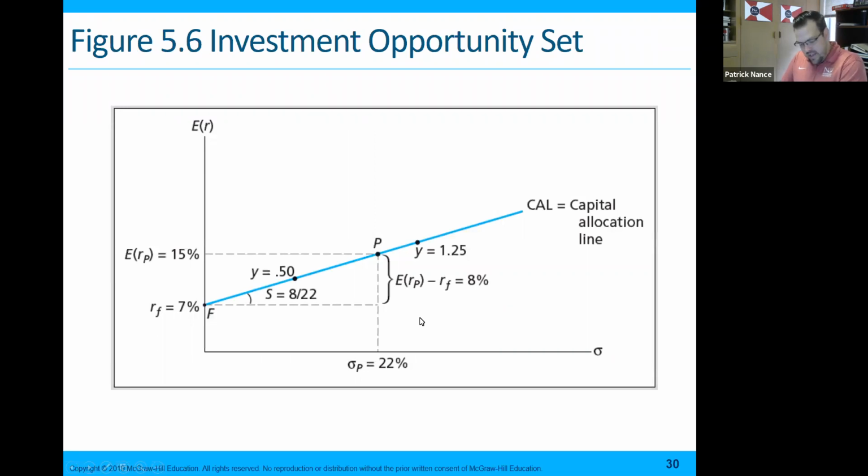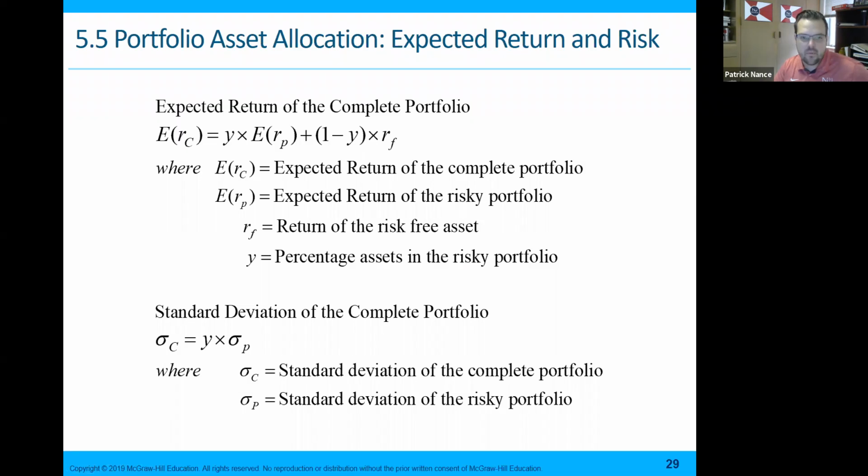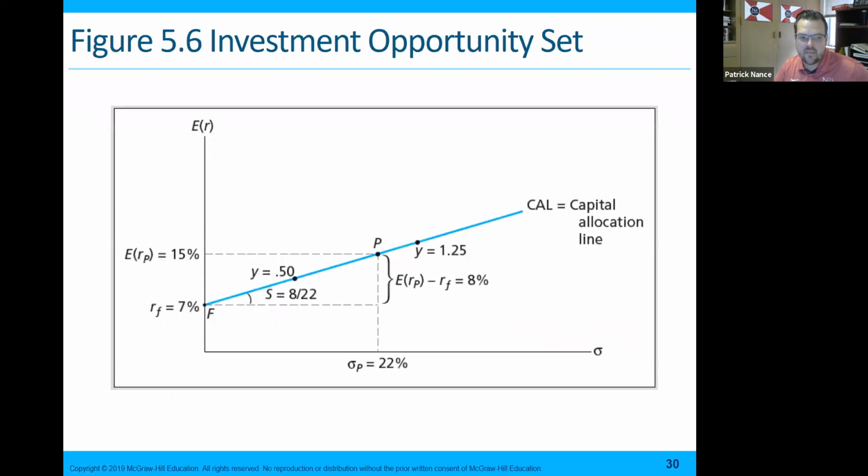So this is an investment opportunity set with a risky asset and a risk-free asset. You'll notice that the risk-free asset, remember right here, is RF.